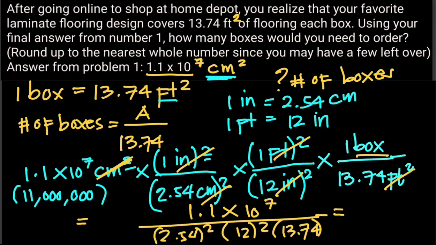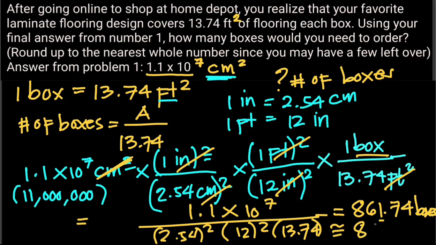Alright, calculating this using your calculator, this would give us 861.74 boxes. It says here round up to the nearest whole number. Then we can round this off to 862, since the number after 1 is 7 and 7 is more than 5, so we add 1 to 1.